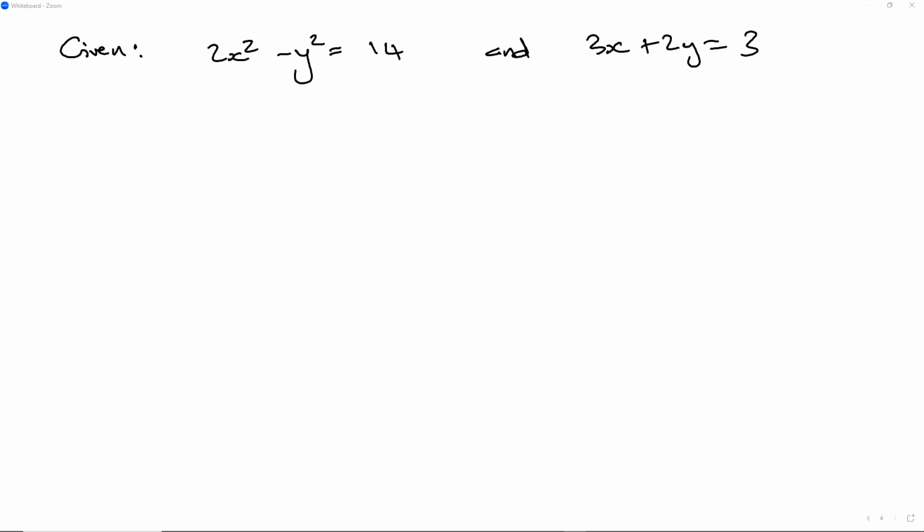It would change what the graph is and how it would look. So what does the 2x squared minus y squared equals 14 graph actually look like? Firstly, every time we substitute an x value in there, say x equals 1, the 2 is amplified by squaring it, minus y squared, which is also every y value multiplied by itself.